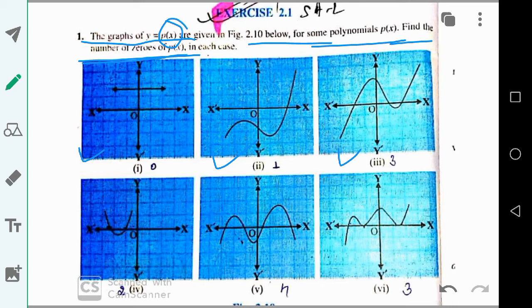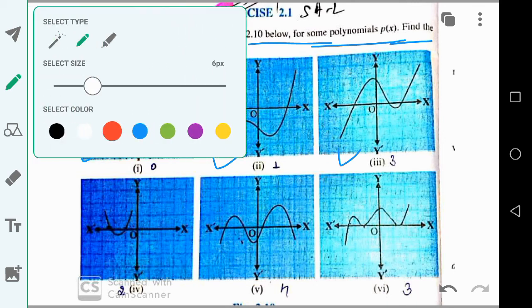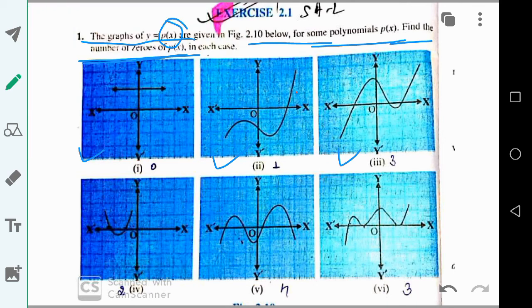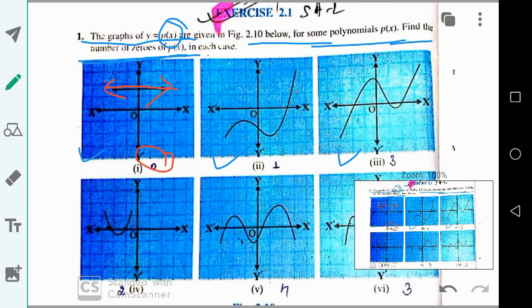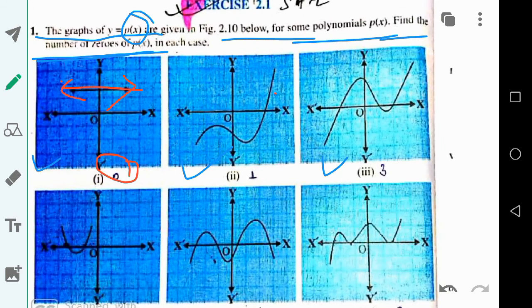First, the first graph is not intersecting the x-axis, so the number of zeros of this polynomial will be 0. The second graph is intersecting the x-axis at only one point, so the number of zeros will be 1.